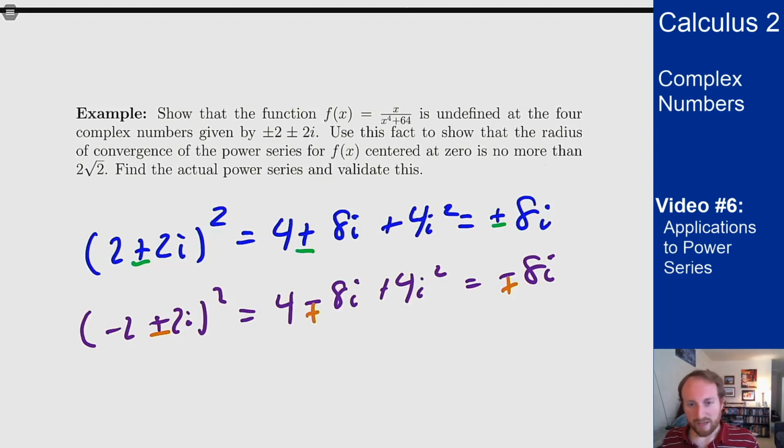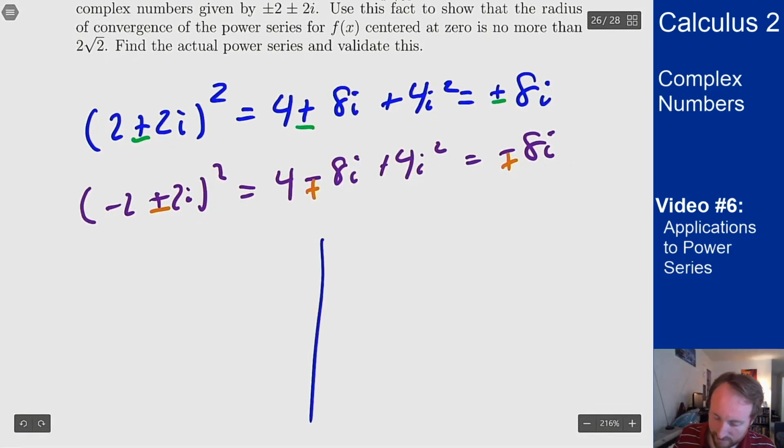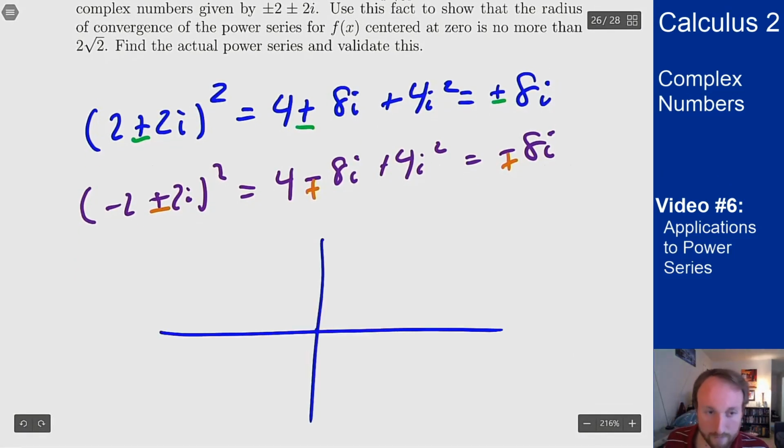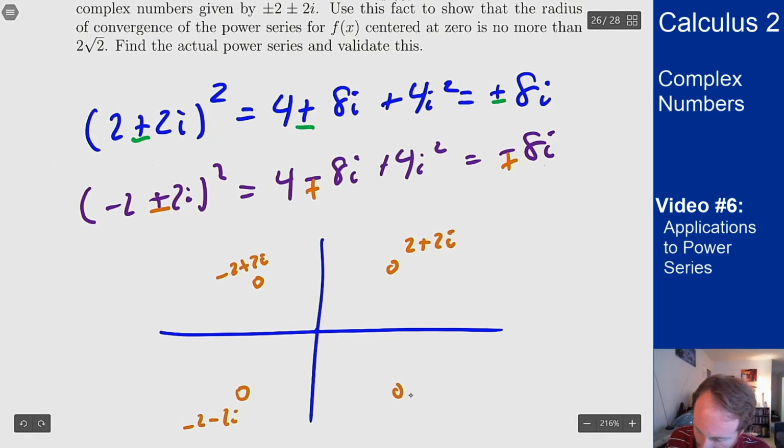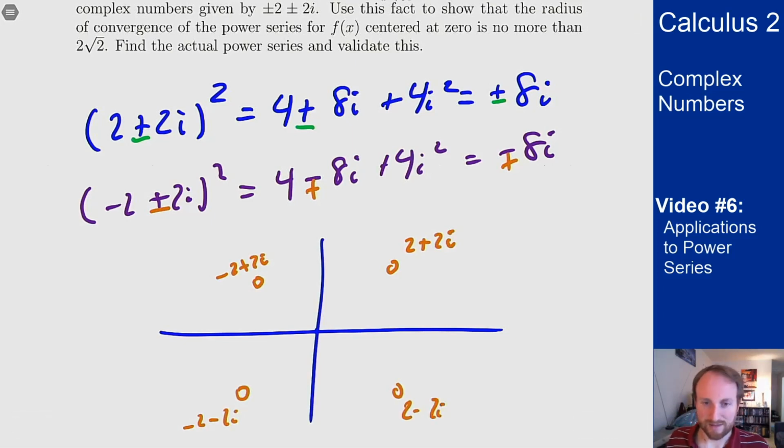So what does that mean? Well, that means if I try to build a power series centered at 0, I know I have these 4 points at 2 plus 2i, at minus 2 plus 2i, at minus 2 minus 2i, and at 2 minus 2i, where my function is not defined, and so where the series cannot converge to that point.